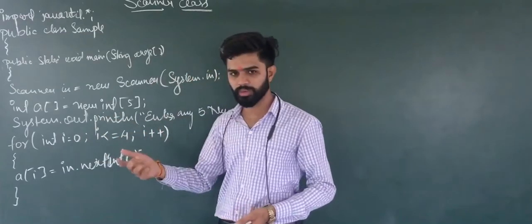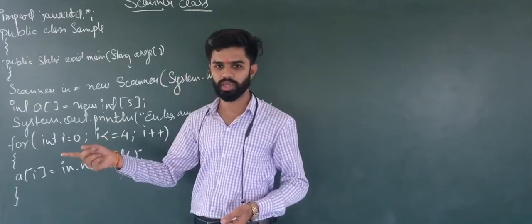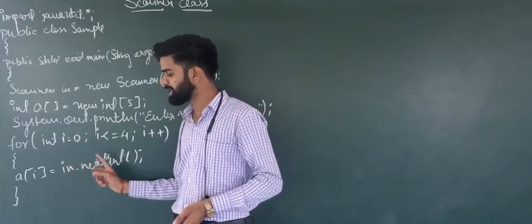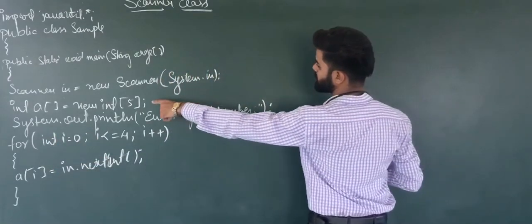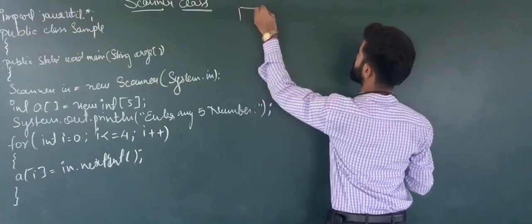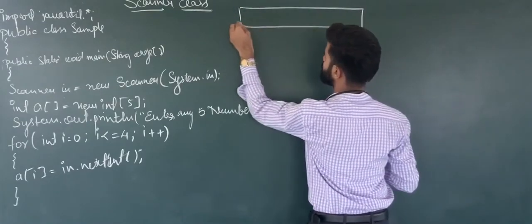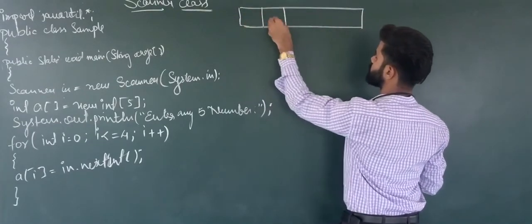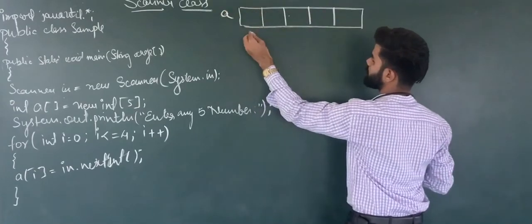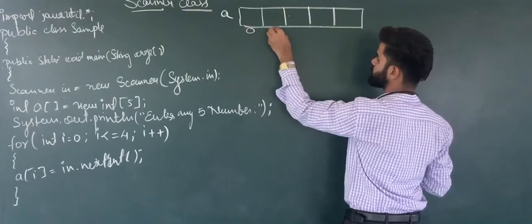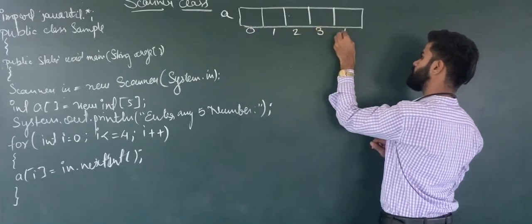When you enter the first number, this loop runs the first time and stores it at the position of a[0]. If I am talking about a[5], it means there are 5 blocks in total: 1, 2, 3, 4, 5. This one is the variable and this one is the addressing: 0, 1, 2, 3, 4.